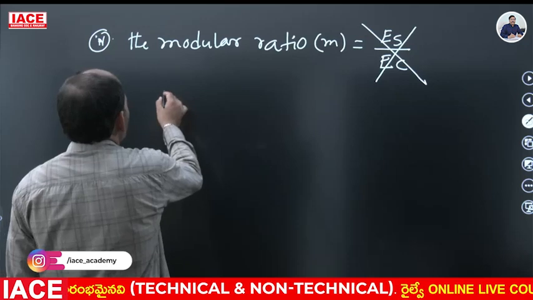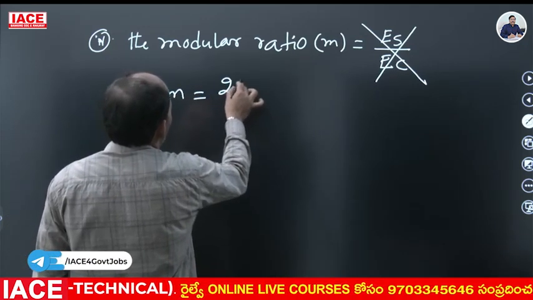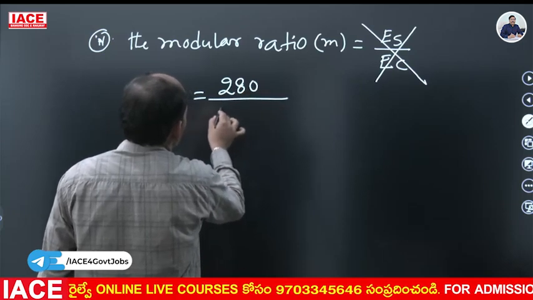So here in the working stress method, modular ratio m is equal to 280 upon 3 sigma CBC.